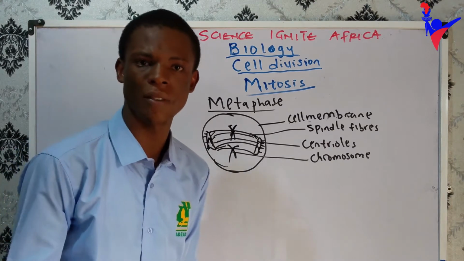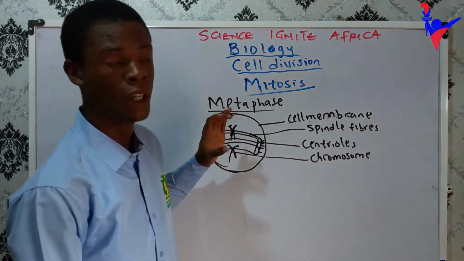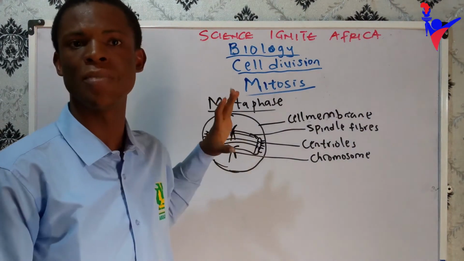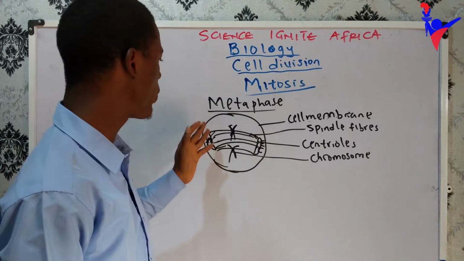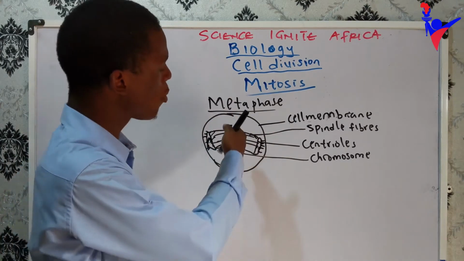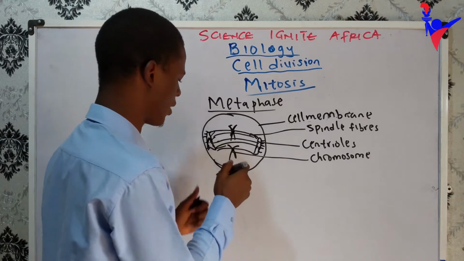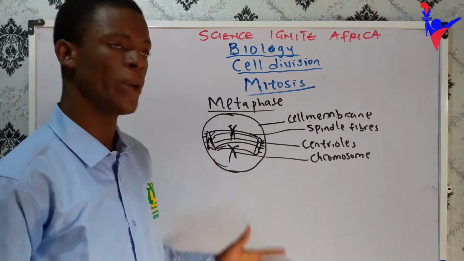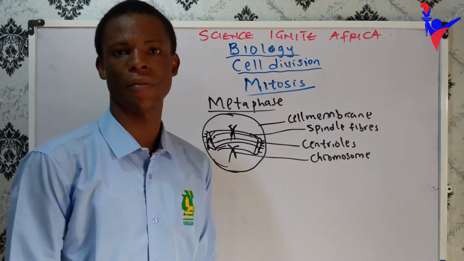What happens at the metaphase stage in the mitotic division is that your chromosomes arrange themselves on the equatorial plate of the spindle fibers. You can see the chromosomes lie at the center. That's what happens at the metaphase stage.